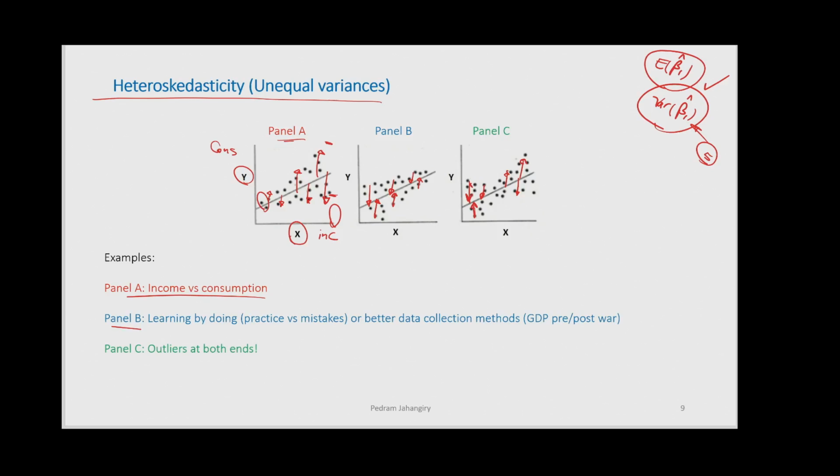For panel B, learning by doing. The more you practice, the more accurate you get. So your variance is going to decrease, right? Learning by doing is an example, practice versus mistakes. Let's say X is your practice, and Y is the number of mistakes maybe.